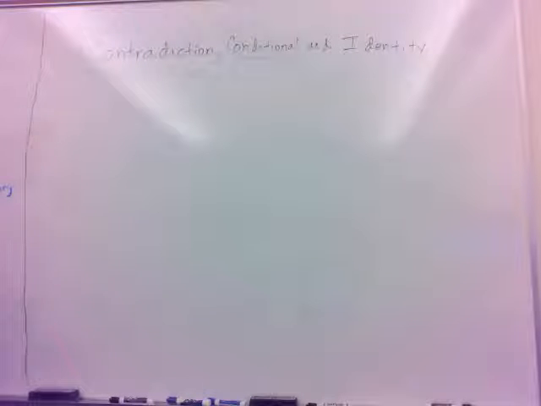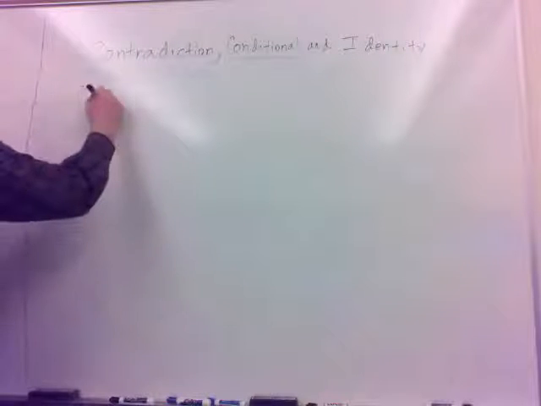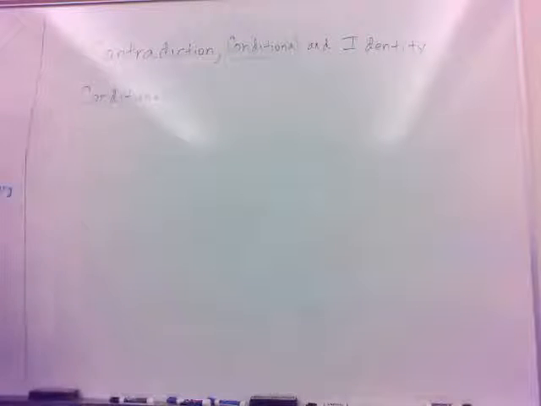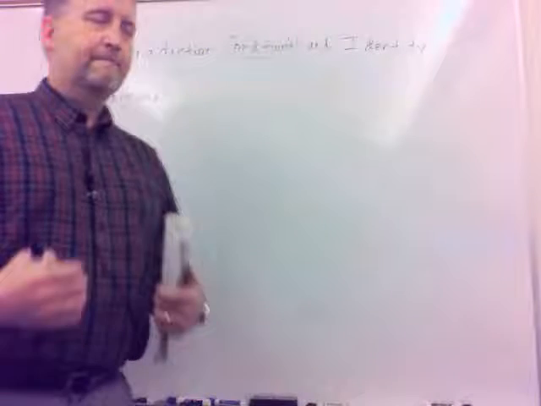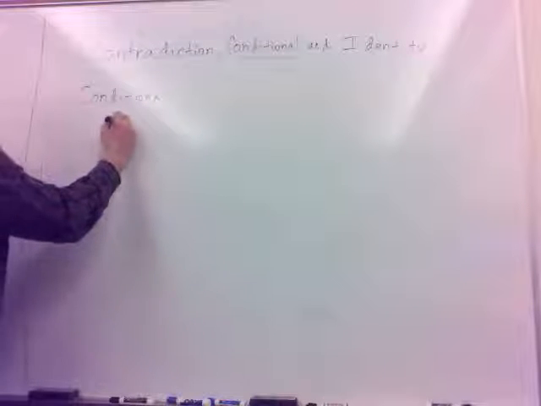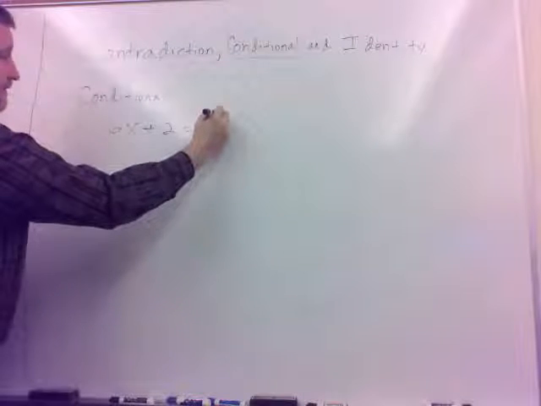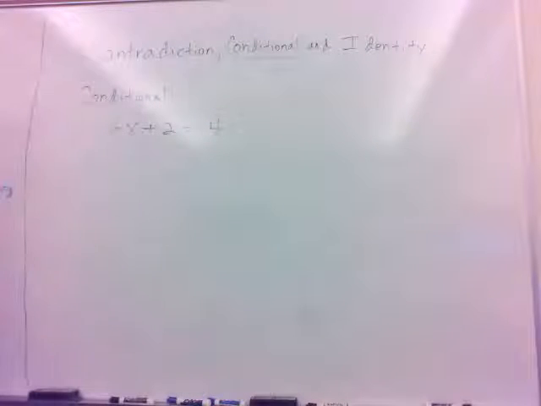A conditional equation is an equation that has a fixed number of answers. There are some answers, but there's only a fixed number of them, like previously we just talked about. A conditional equation example would be 6x plus 2 equals 4. That's a conditional equation because there's only a fixed number of answers.